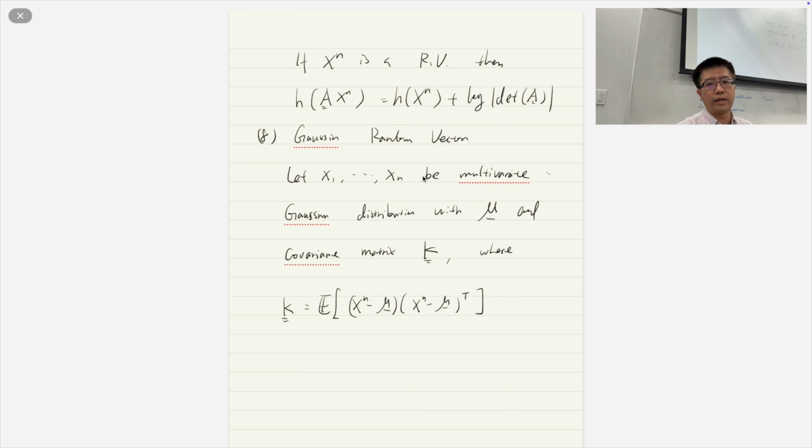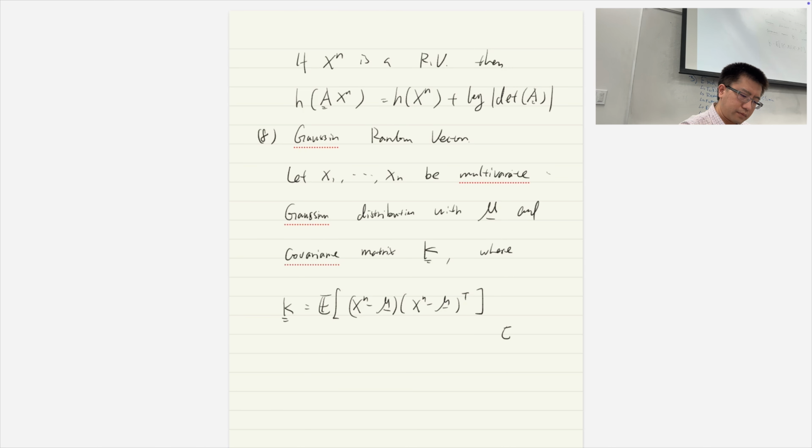Normally when we write a vector in this way, it's a column, right? And then this is a row. A column multiplied by a row is a matrix. Very good. So each element of this can be understood as follows.